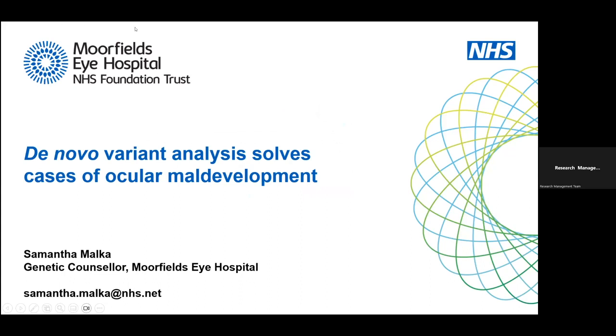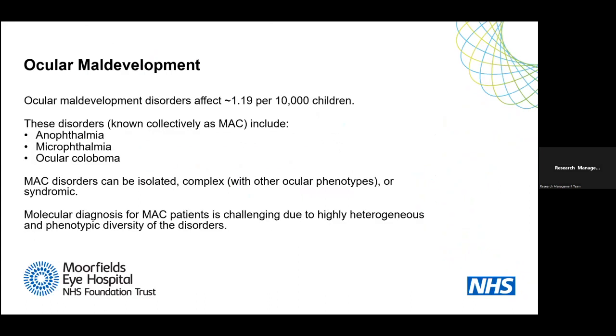Okay, so as you said, my name's Sam. I work at Moorfields Eye Hospital, and as part of my MSc in genomic medicine, I looked at solving some of the unsolved cases of ocular maldevelopment by looking at de novo variants. So just as a quick overview, ocular maldevelopment disorders affect approximately 1.2 in every 10,000 children.